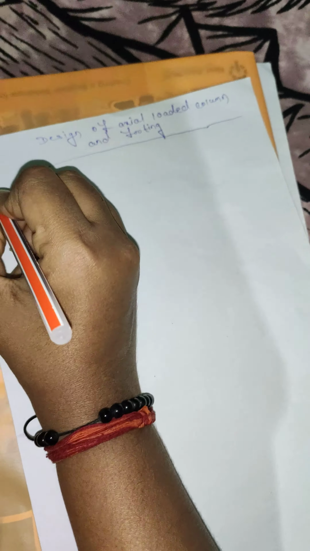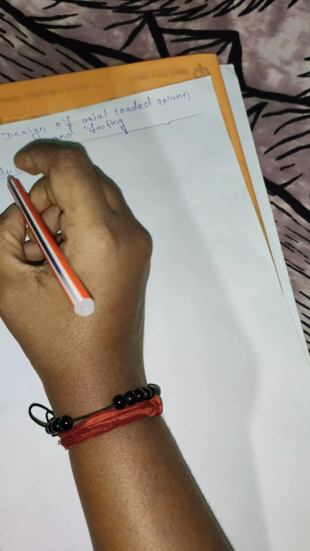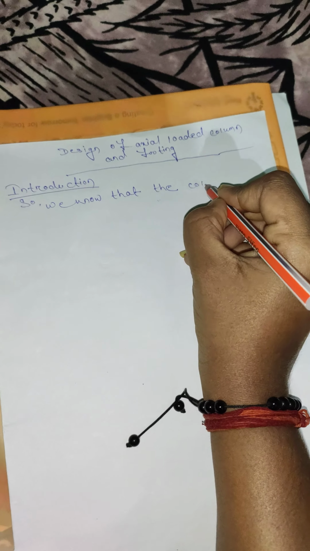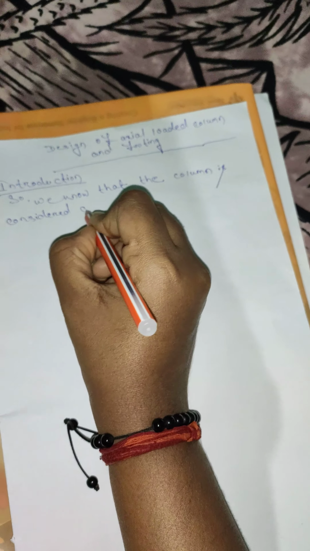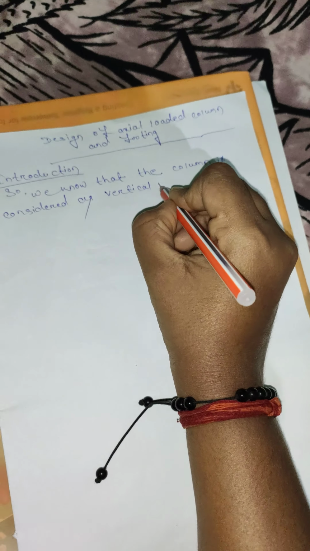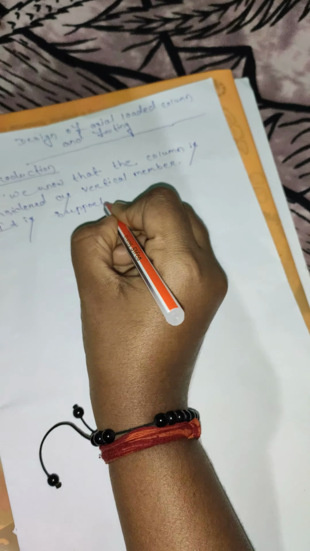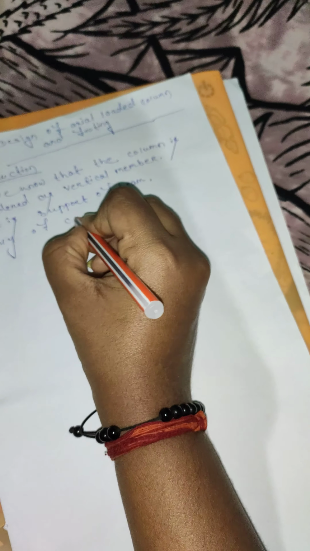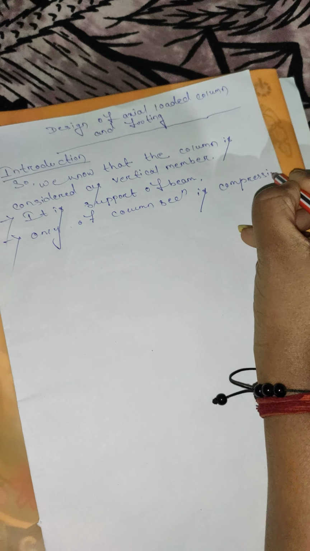So, introduction of column. We know that the column is considered as a vertical member, and it is the support of a beam and carries only compressive load.